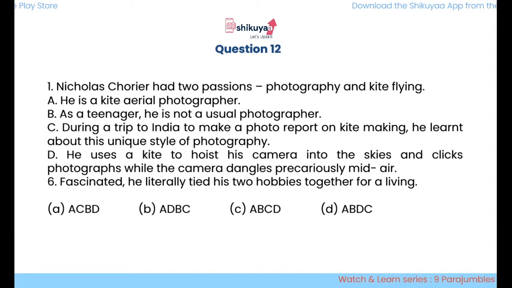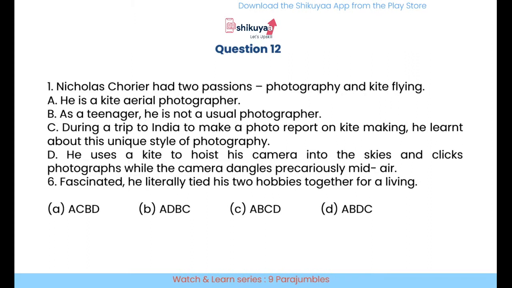He is a kite aerial photographer. Okay, there are people who say option D, C. There is a variety of answers here. Even B is the correct one, they say. Good going, good trying, guys.